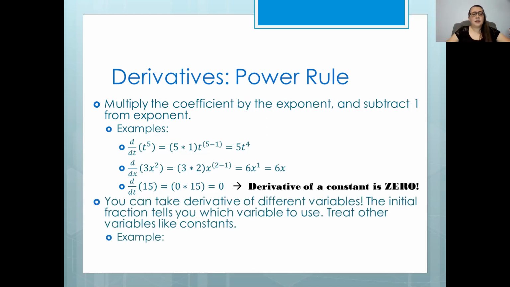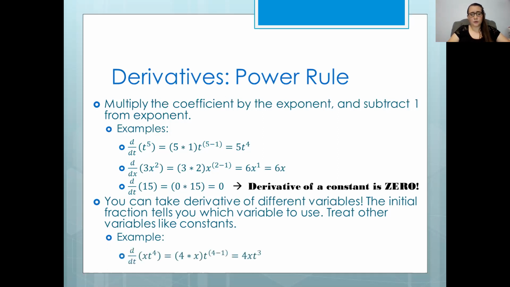So like I was saying, you can take derivatives with respect to any variable that you want, and that initial fraction is going to tell you what the variable of focus is. And then if we have multiple variables in an equation or in a function, we'll just treat those other variables like a constant. This is called taking a partial derivative.